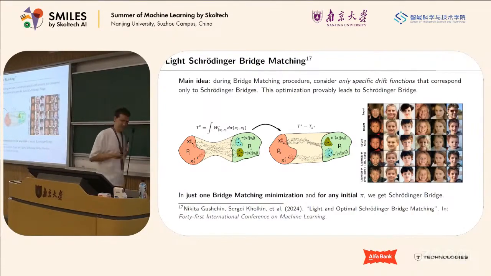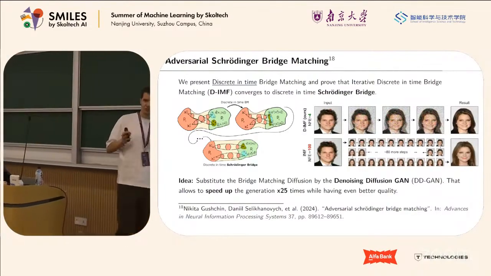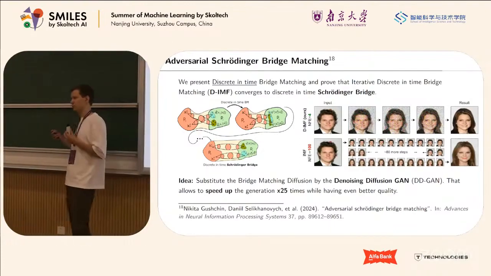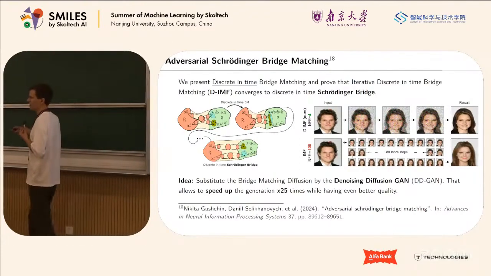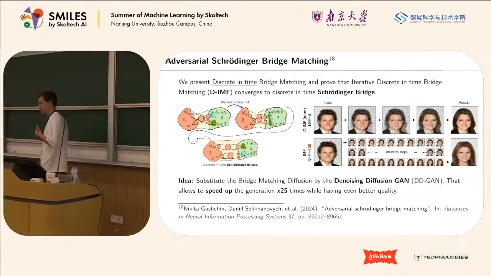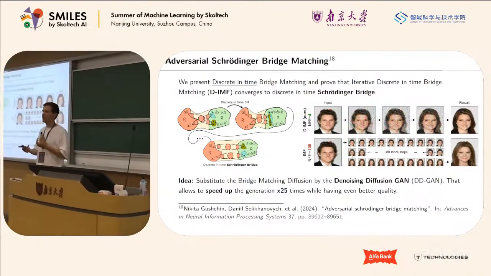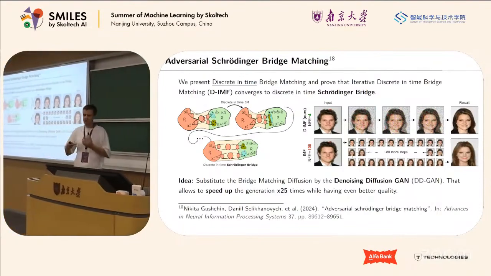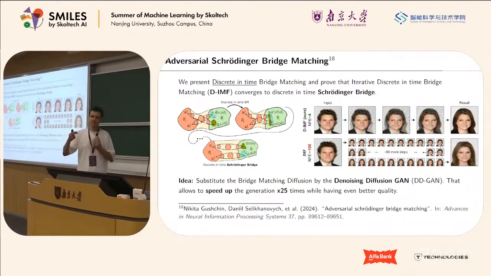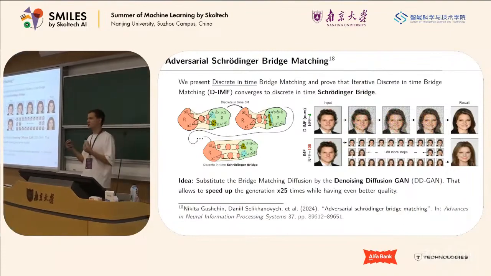Secondly, all these bridge matching methods suffer from the same problem: to generate new data, you need to model your long diffusion bridge. You need to simulate it step by step by using some scheme like Euler-Maruyama, and so on, which is complex. Interestingly, you can redefine the bridge matching procedure not using diffusion processes and not in continuous time, but using just transition kernels and in discrete time.